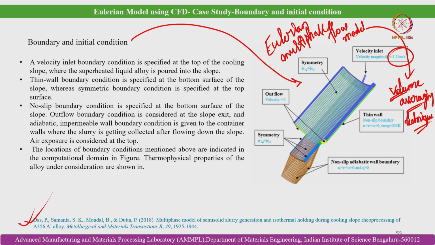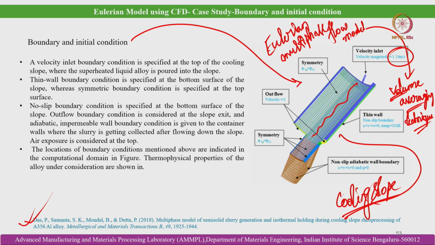This is a typical example of a cooling slope. This device is useful for semi-solid slurry generation prior to solidification of the melt. What is the basic purpose of this tilted flow plane or hemispherical domain? It exerts shear stress on the liquid flowing along the wall, and because of the applied shear stress it fragments the evolving dendrites.